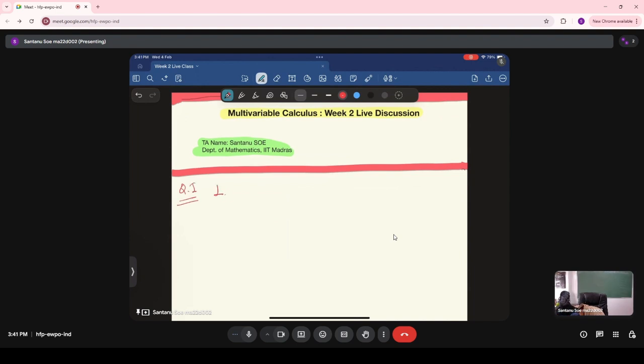Let f(x,y) equal y times (x square minus y square) divided by (x square plus y square) when xy is non-zero, and 0 when xy is 0.